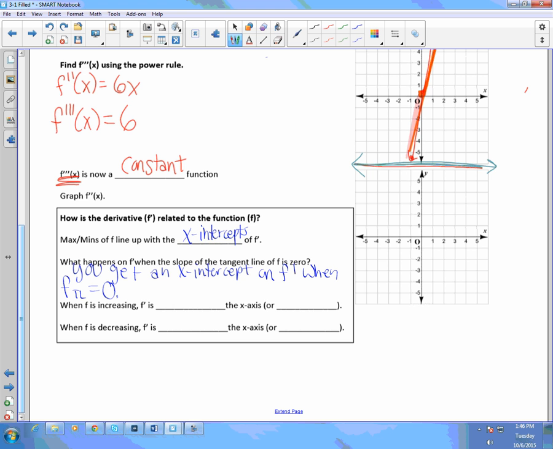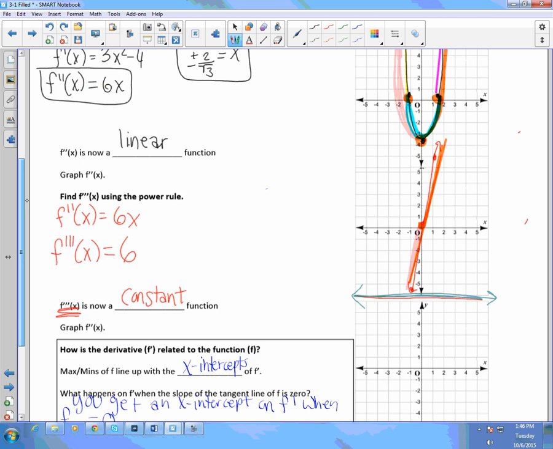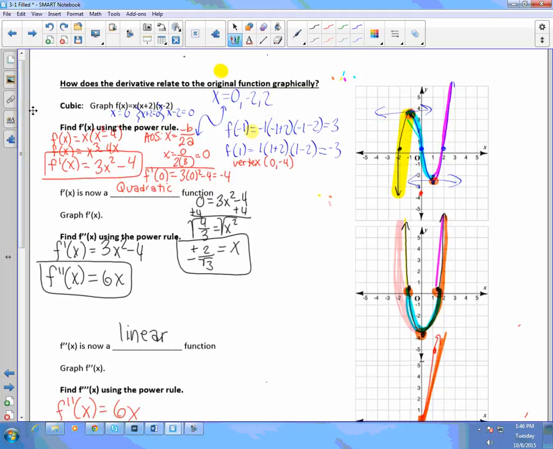When f is increasing, f prime is doing what? So in this yellow section, when f was increasing until x equals -1, f prime is positive. It may look like it's decreasing, but what we're looking at is the slope.